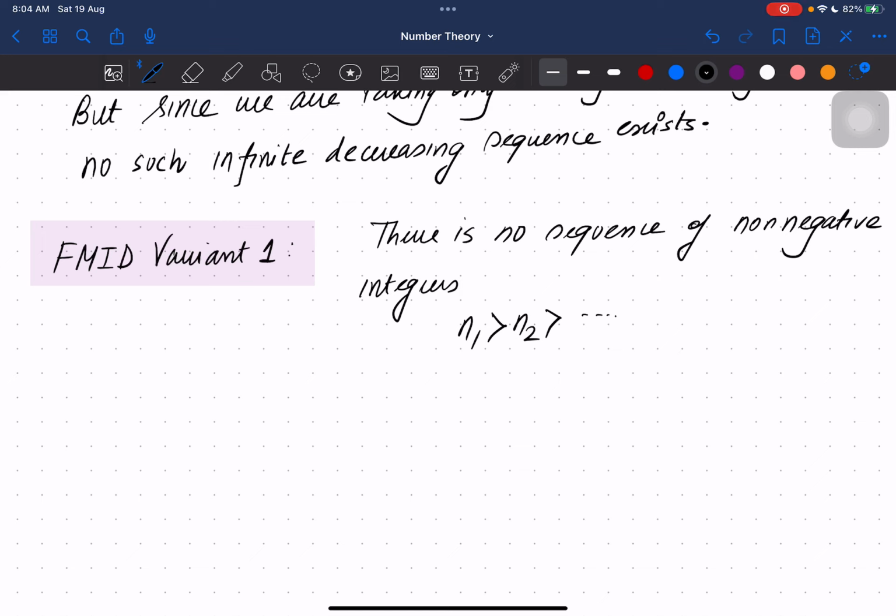And in some situations it is convenient to replace this FMID variant 1 by the following equivalent form. So if n0 is the smallest positive integer n for which Pn is true, then Pn is false for every integer n that is less than n0.